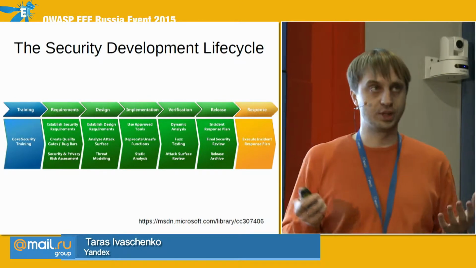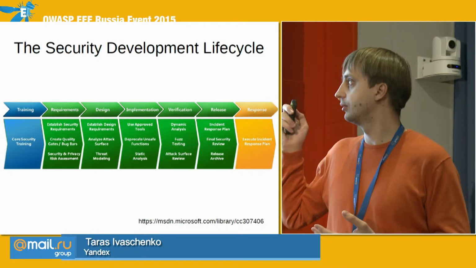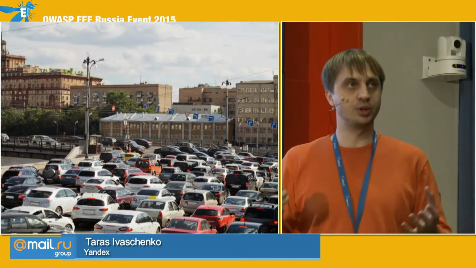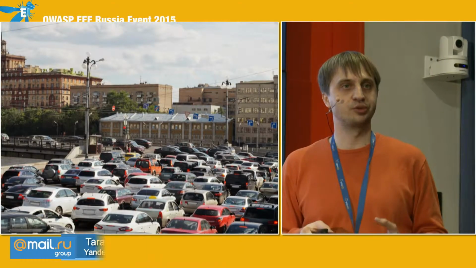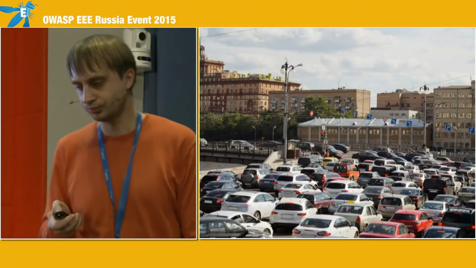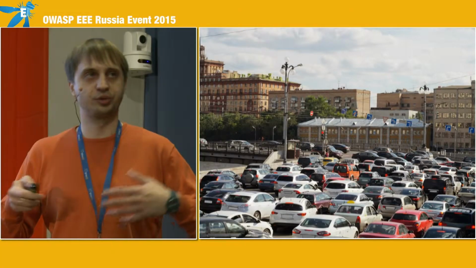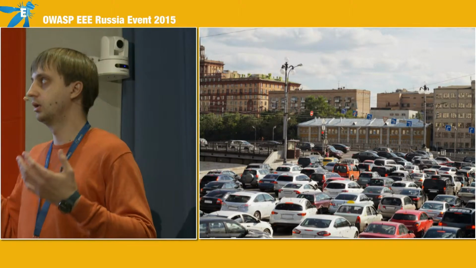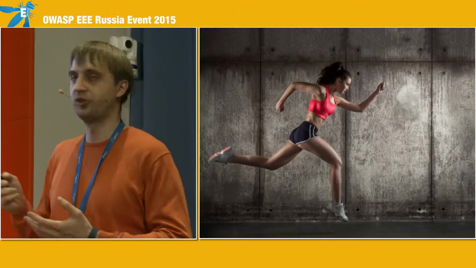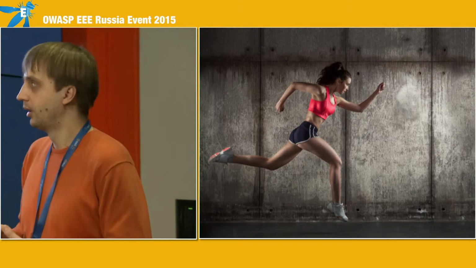I'm talking about security activities. If we talk about manual activities, security becomes a kind of blocker for fast moving, and we have a kind of traffic jam here. So the security team must improve themselves and also become fast and light, like this runner.